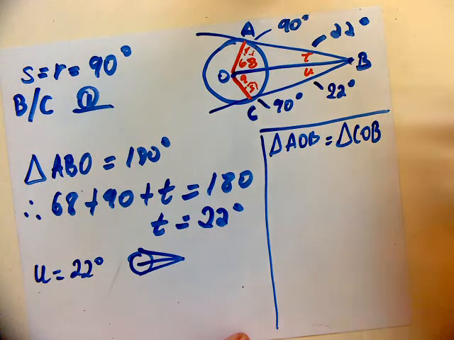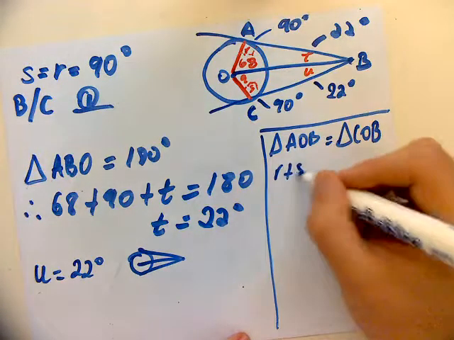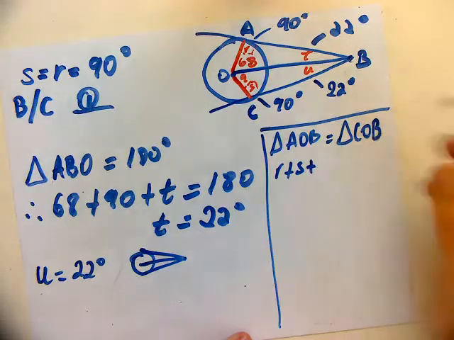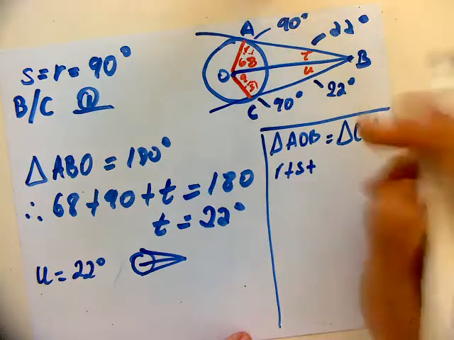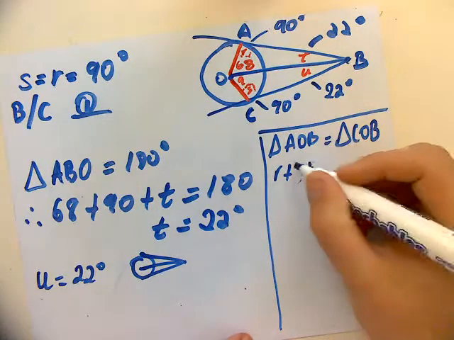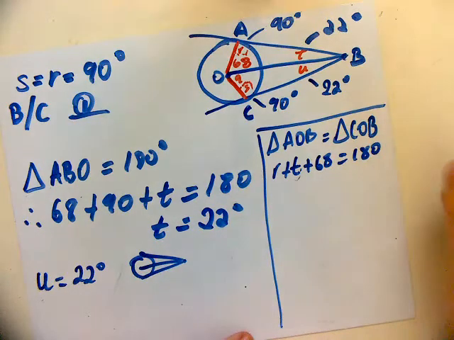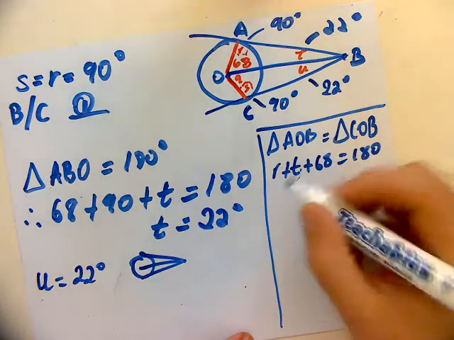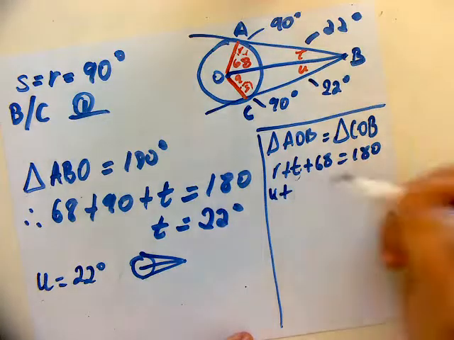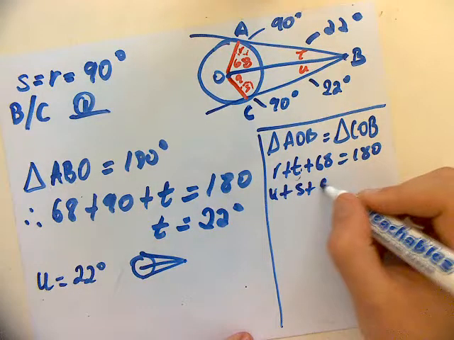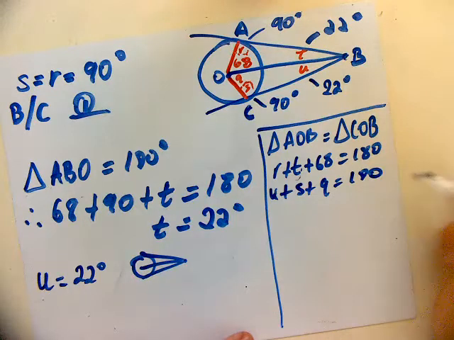So we know that up the top here, R plus T plus 68 is going to equal 180 degrees. So that must mean that U plus S plus Q have to equal 180 degrees.